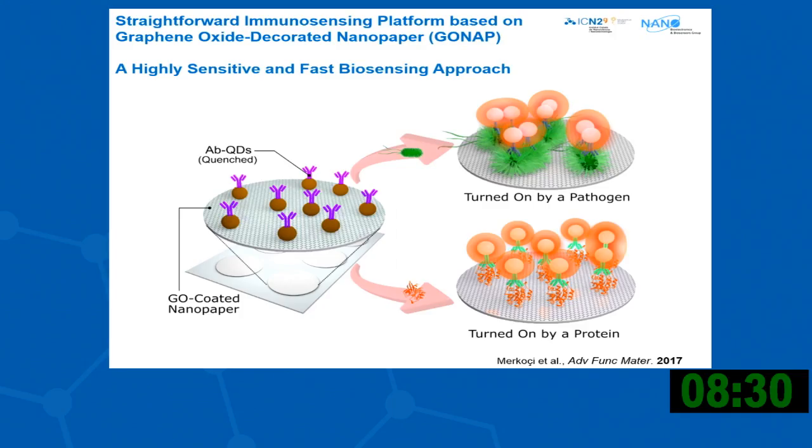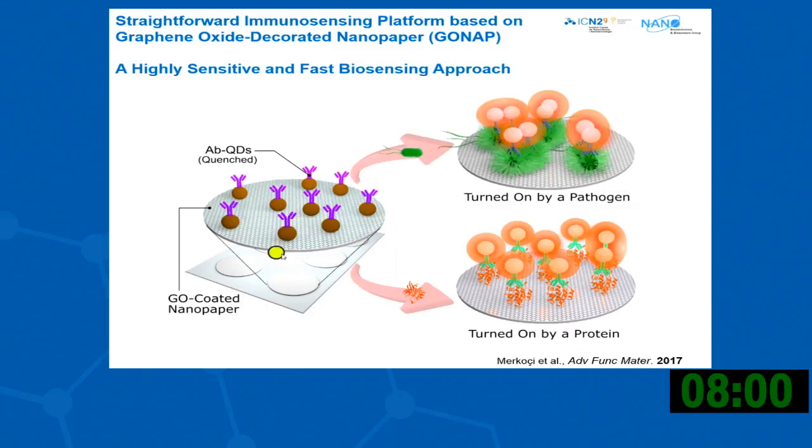So, importantly for the operation of this system in paper, we can have a very simple device that is not even based on lateral flow, but just a device that can operate by putting it directly in contact with the sample. For example, you can see here this nanopaper coated with graphene oxide and some quantum dots with antibodies on top.